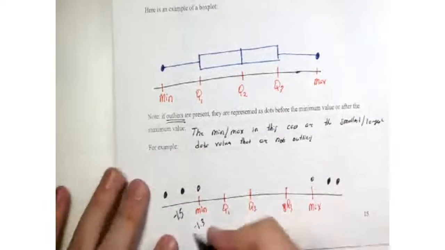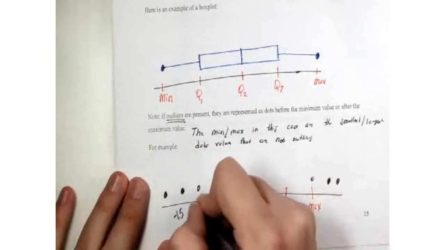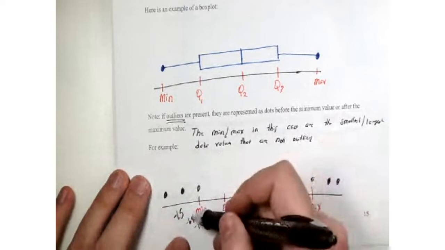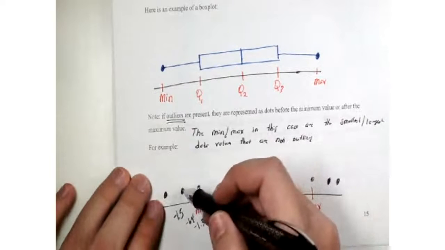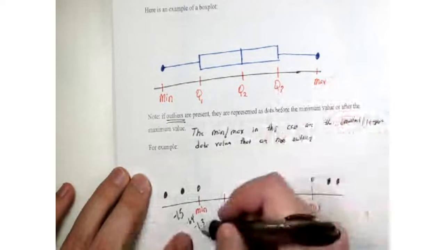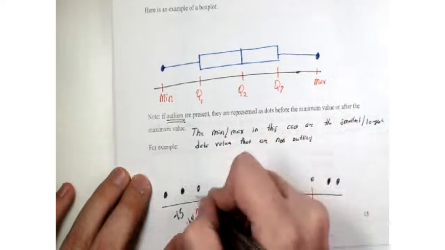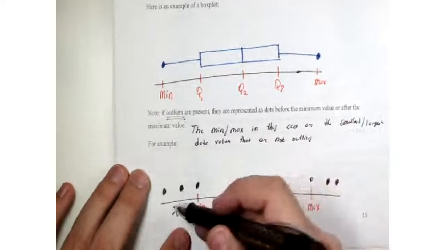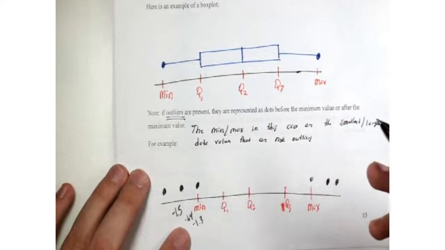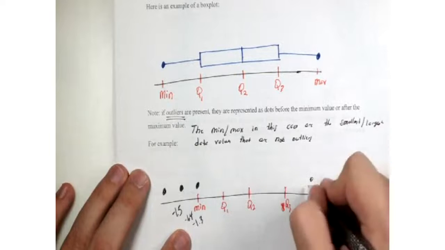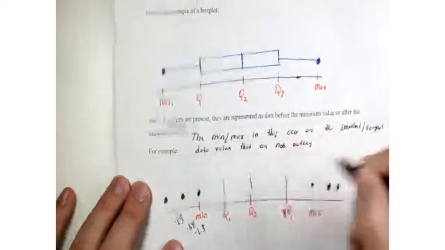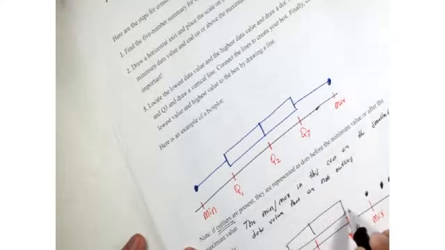So say my outlier cutoff was at -1.4. Any data value less than -1.4 is an outlier. So these two would be outliers. And this one, -1.3, would be the minimum value because it's the first data value that is not an outlier. Did that make sense? So I still have the same thing here, the little box and then the whiskers.